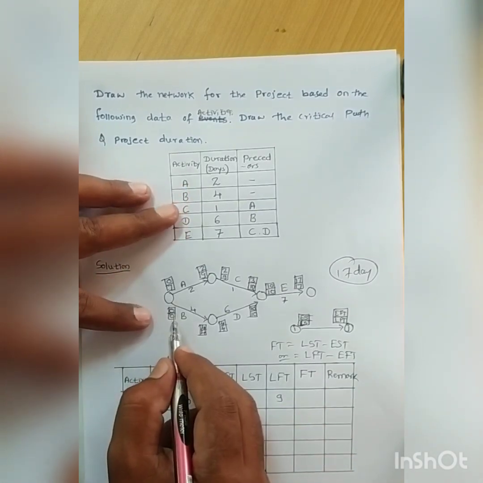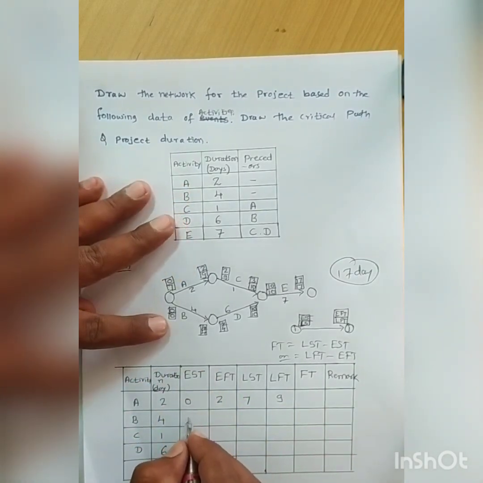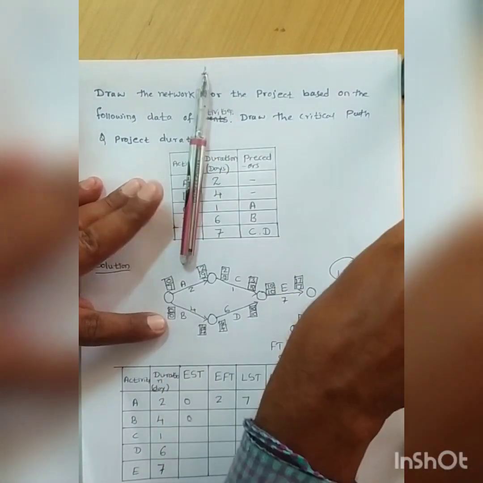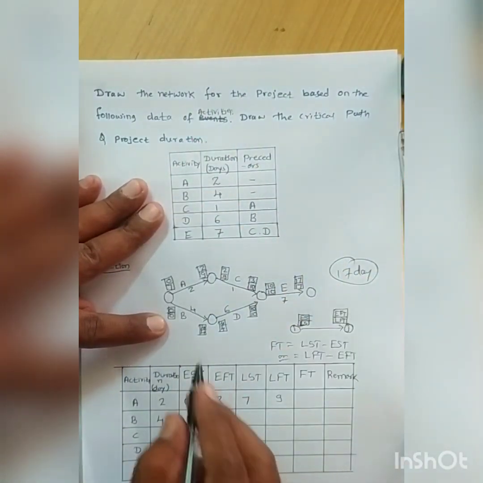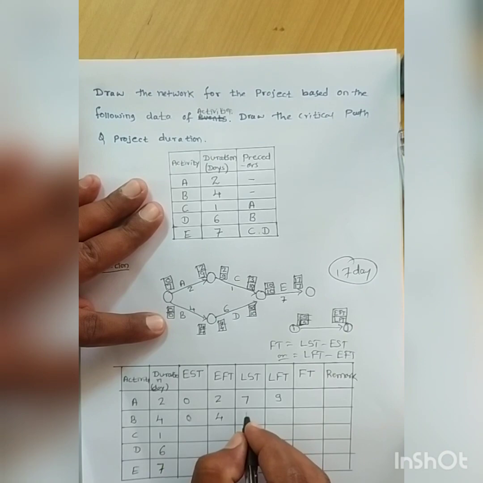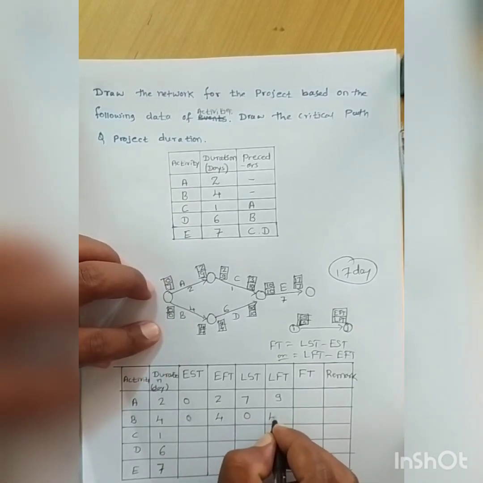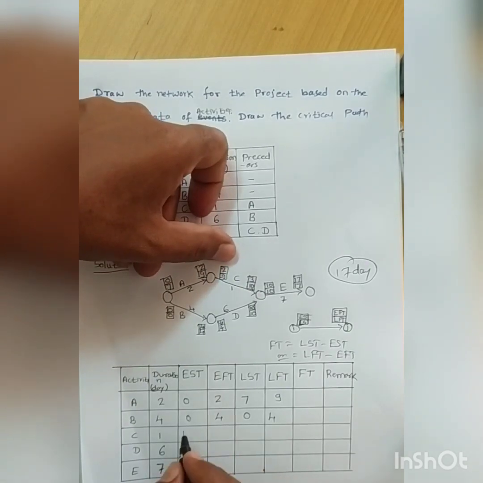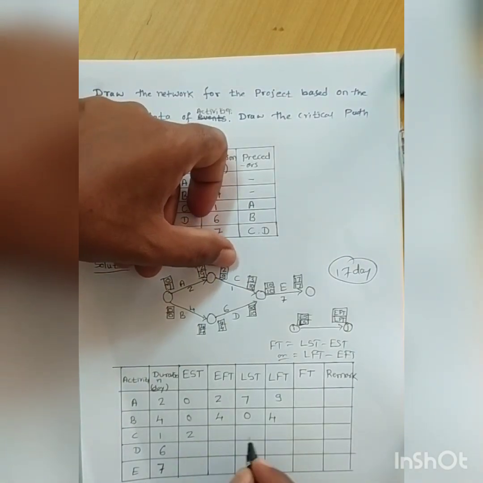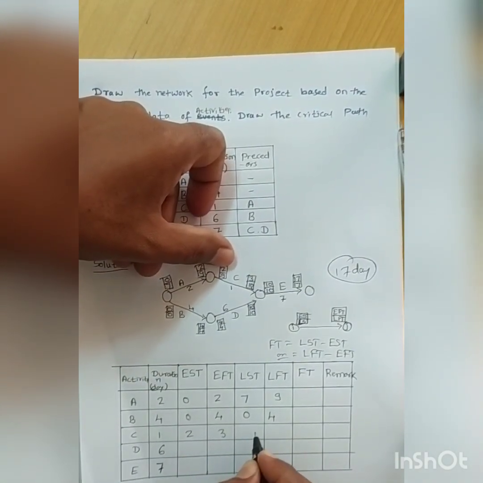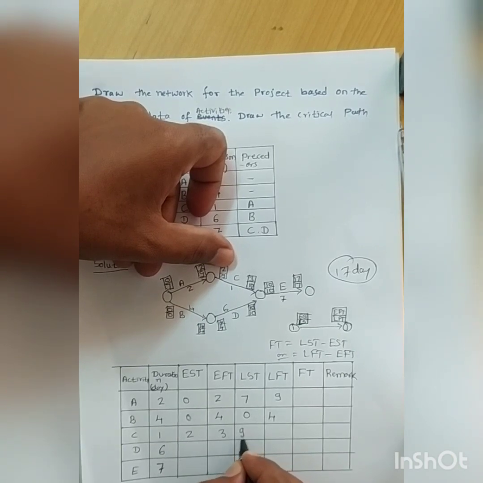Next, activity B: 0 and 4, with start time 0 and finish 4. Next, activity C: 2 and 3, with latest start time 9 and finish 10.